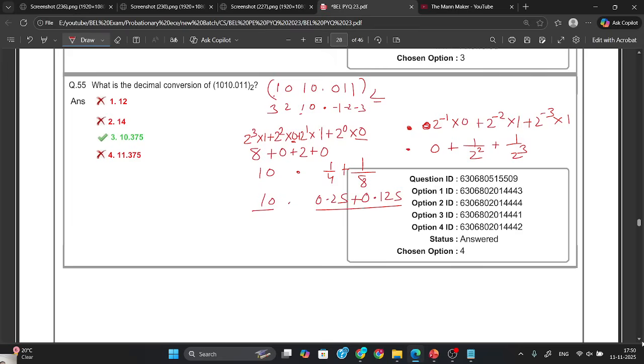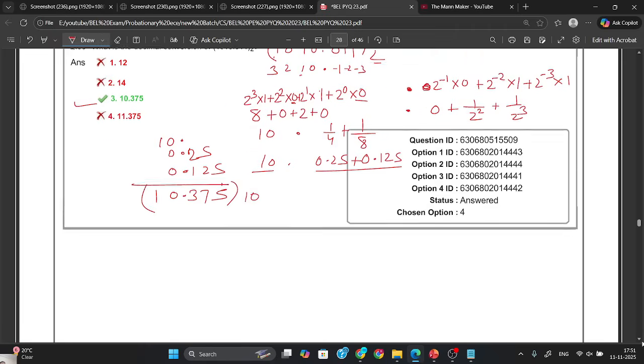Now here 10 and here this one, so we can write like this: 10 dot 0.25 and 0.125. If you add all this, you will get 573.01. So this is the decimal. So option C is your right answer.